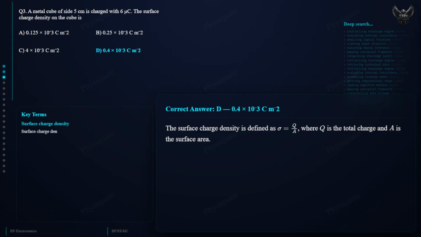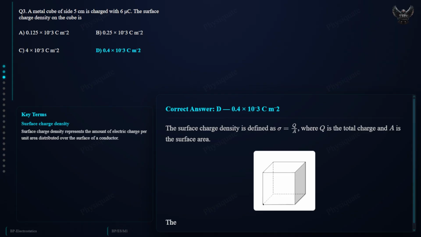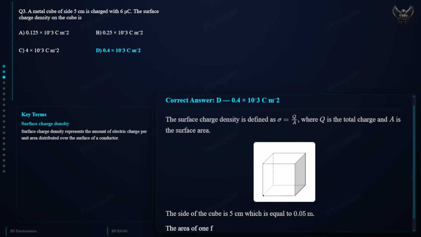Surface charge density represents the amount of electric charge per unit area distributed over the surface of a conductor. The side of the cube is 5 cm, which is equal to 0.05 meter. The area of one face of the cube is 0.05 squared equals 0.0025 meters squared.